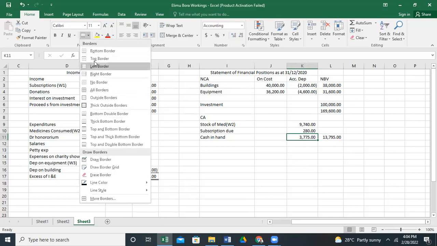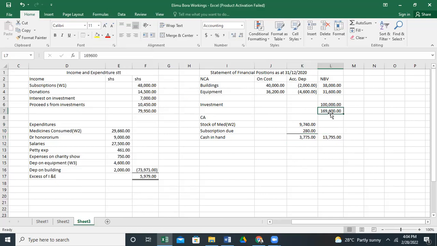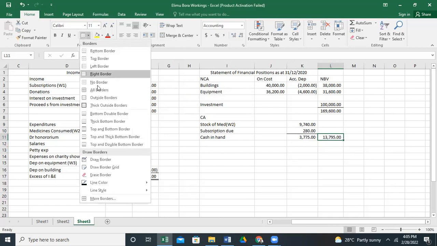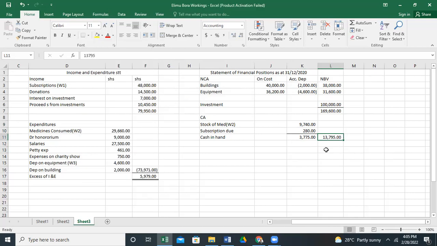Put it in the wrong place. Here at the bottom. So there we are, right?